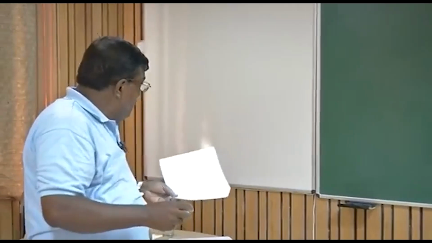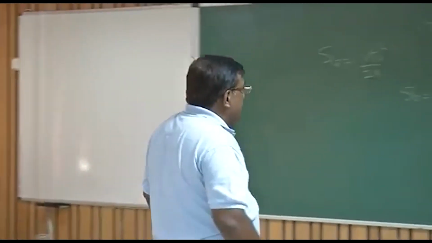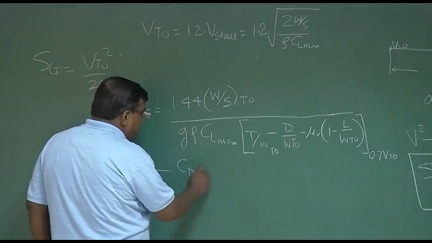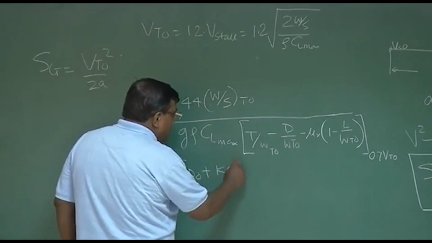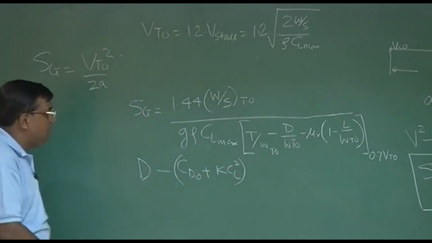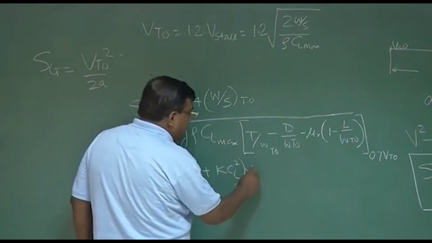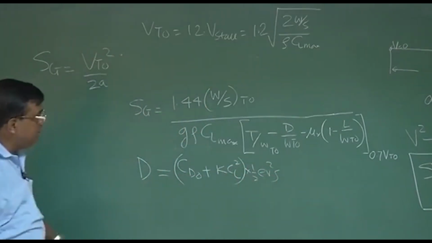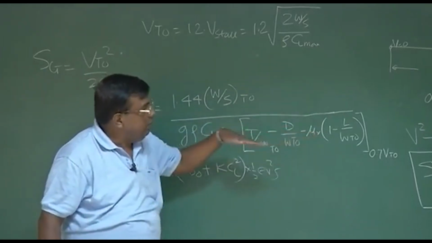Okay? So that means if I want to compute the drag, I need CD naught plus K CL square, the drag polar to be used, because I will multiply this with half rho V square S. That will be my drag when it's going for a takeoff.